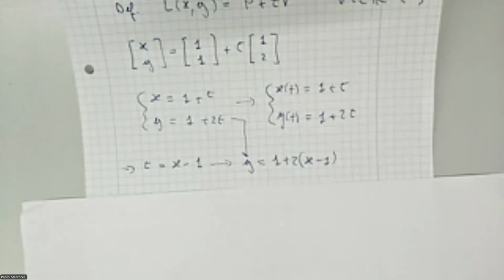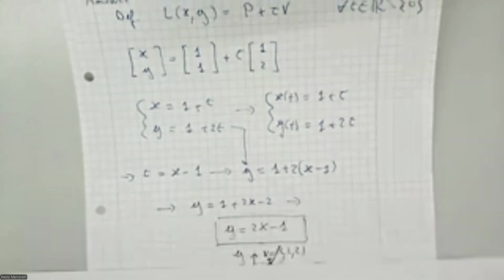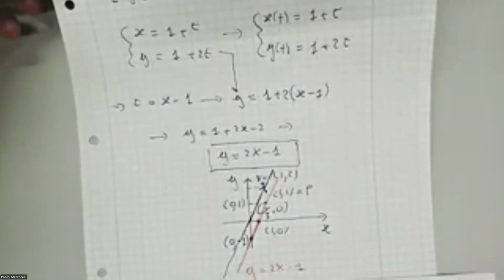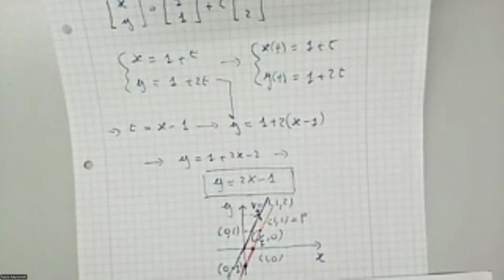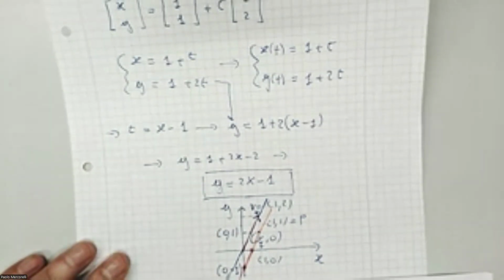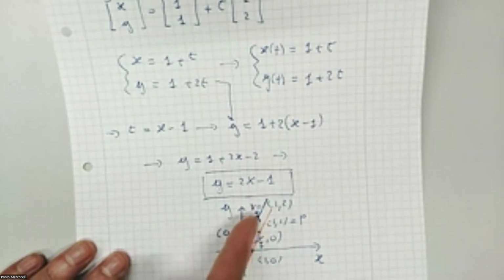I try to do it with something more complex, no? Yeah, here we have a possible representation of the line. We can see exactly what I told you.